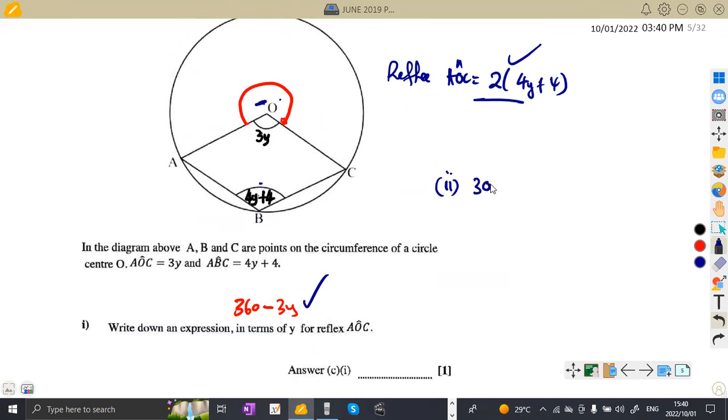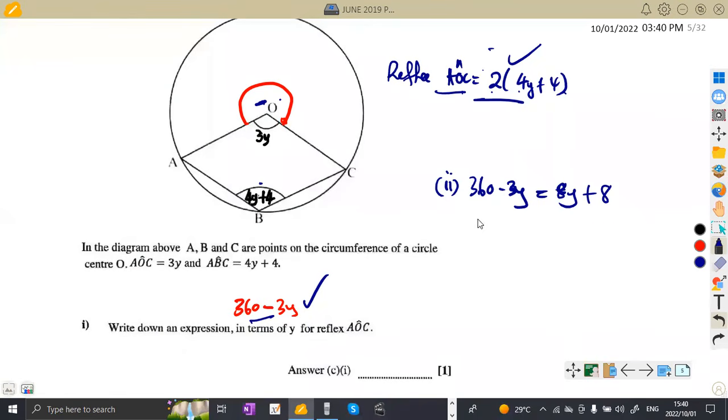That is 360 degrees minus 3y equals 2 times (4y plus 4), which is 8y plus 8, because they are both reflex AOC. This is the equation you have created, and by solving it you can find the value of y.